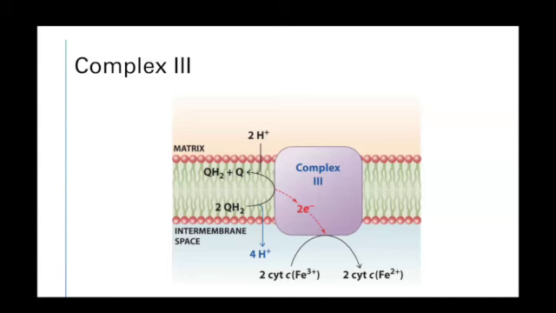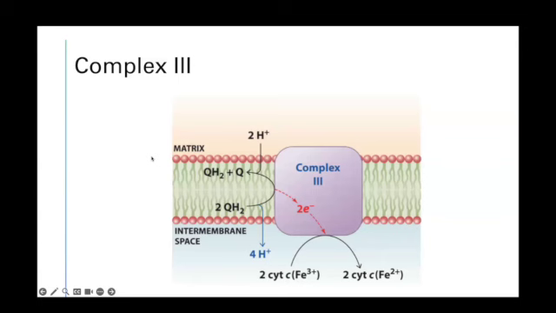So in the end, we have 1 molecule of ubiquinol, 1 ubiquinone, and 2 cytochrome C with a reduced iron. So for 2 molecules of ubiquinol that drop off 2 electrons, 2 cytochrome C get produced, and 4 protons will be transferred to the intermembrane space. So from the matrix pumped into the intermembrane space.